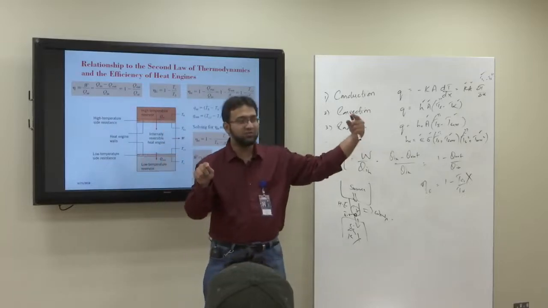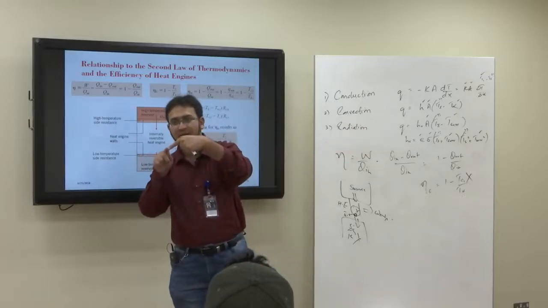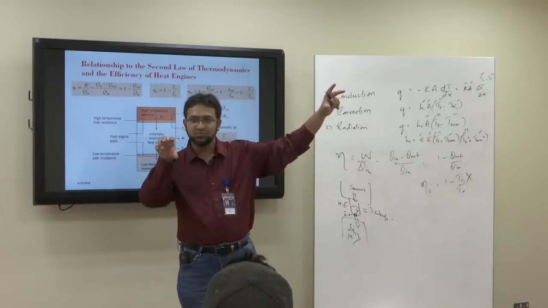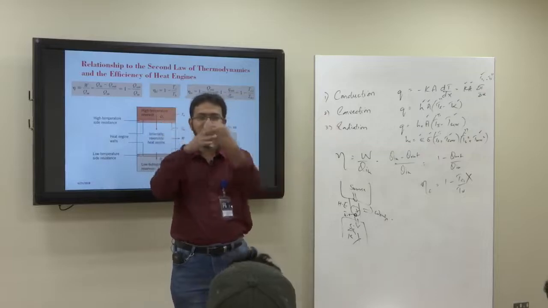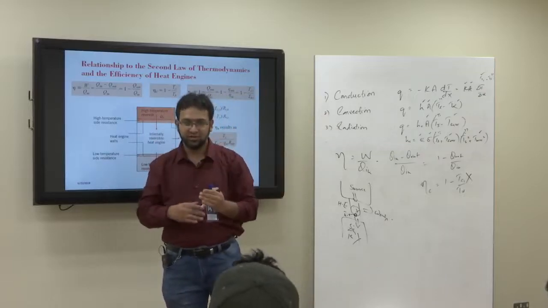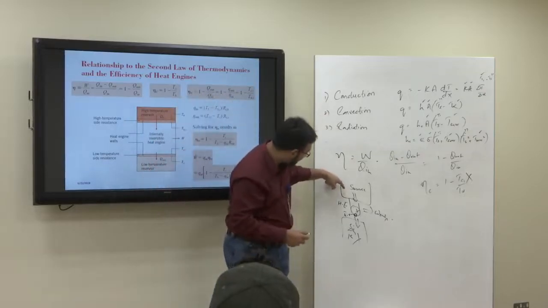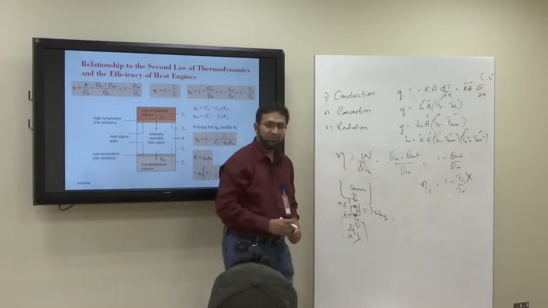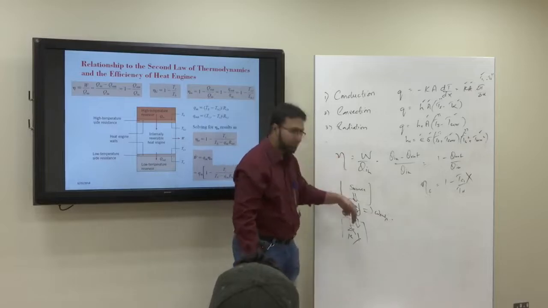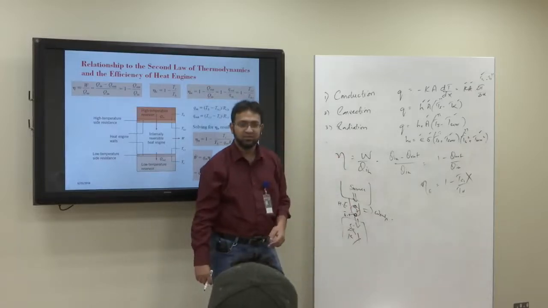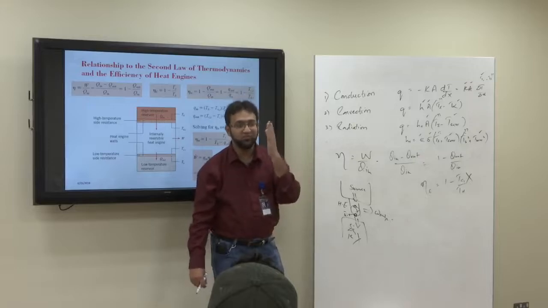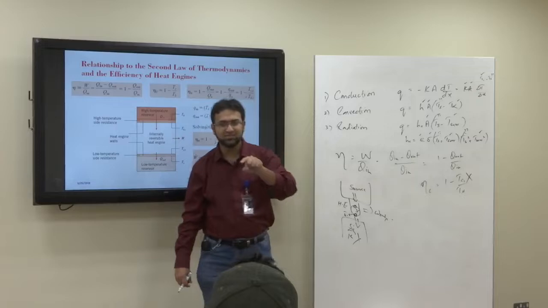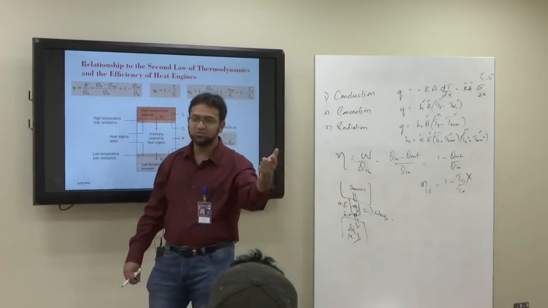Energy will transfer from source to the boiler if the boiler temperature is slightly less than the source. If they are both at the same temperature, energy will not transfer. You get it? You want the energy to flow from the source to the boiler, but for this flow to occur, the temperature of the boiler should be slightly less than the temperature of the source.